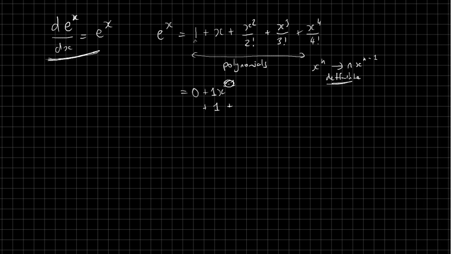And you'll find that what you get from this here is 2x divided by 2 factorial. And you can see that as you go through this, you're going to end up with 1 plus x plus x squared on 2 factorial plus x cubed over 3 factorial. And so you actually get back exactly the same function.